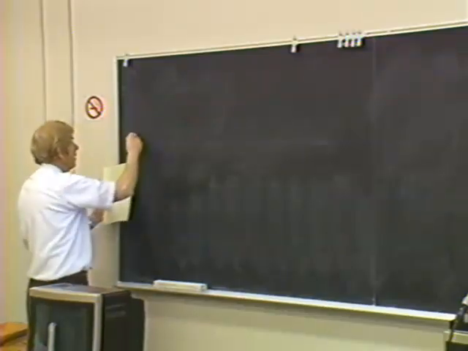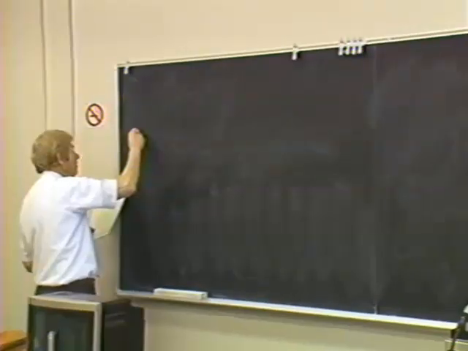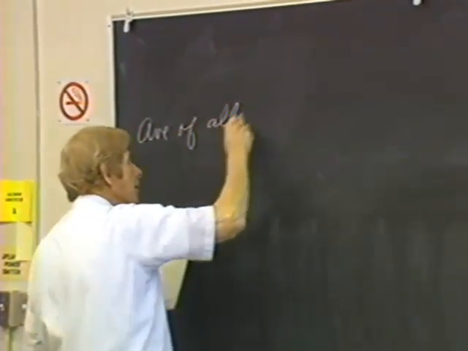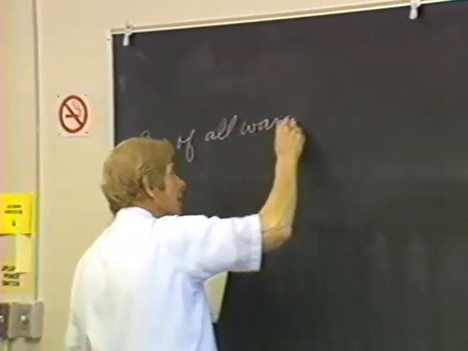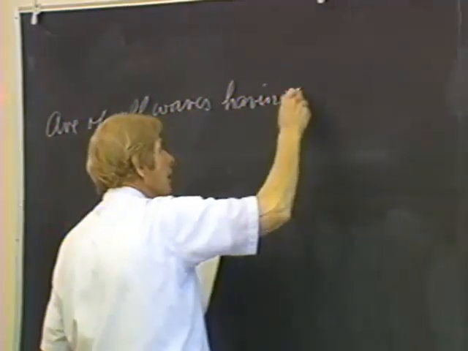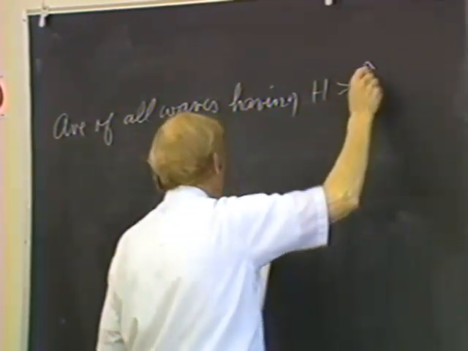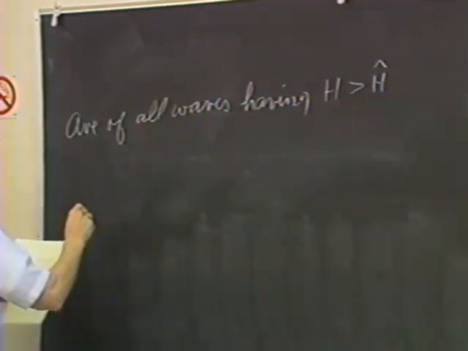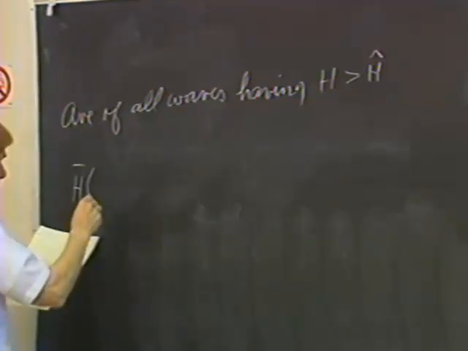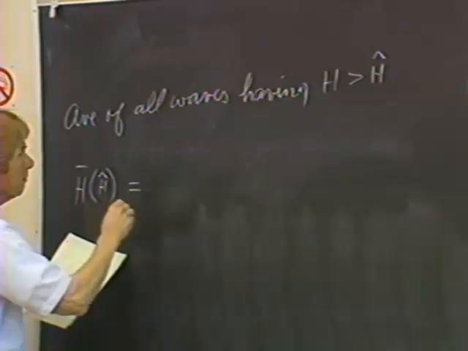Well, we can calculate the average of the height of all the waves having H greater than H hat. I'll call it H bar of H hat, from the Shore Protection Manual.